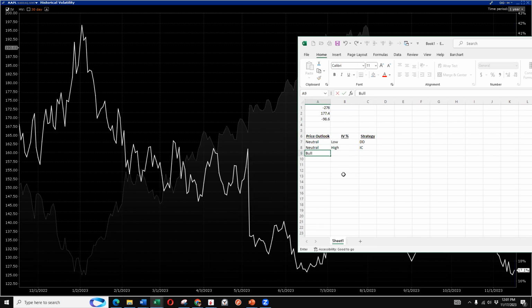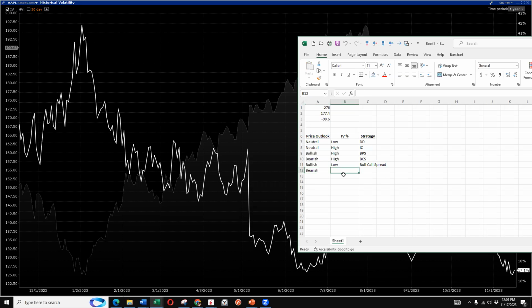Price outlook bullish, IV's high would be a bull put spread. Outlook's bearish, IV's high, bear call spread. So you can come up with a little cheat sheet like this, right? Outlook bullish, IV's low, we're going to double up here, bull call spread.